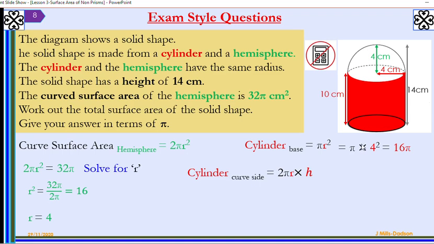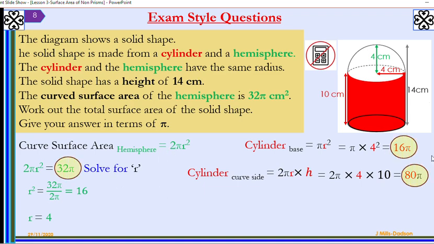Height is 10. Putting 4 as the radius in the formula, we have 2 pi times 4 times 10, which is 80 pi. Remember, we are not working out the top circle because it's hidden. We don't need that. So all we need is these 3 answers.